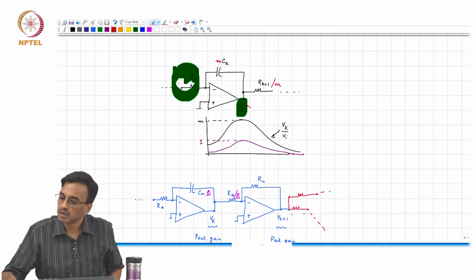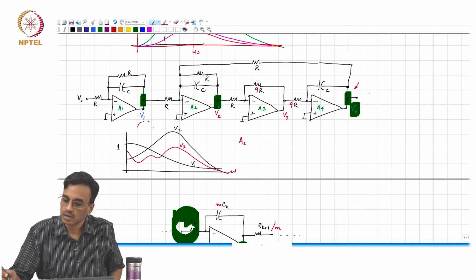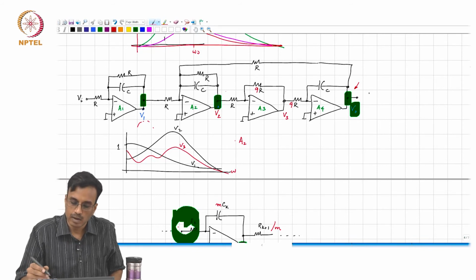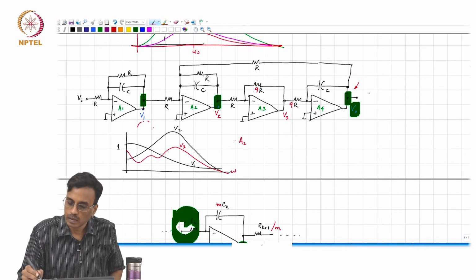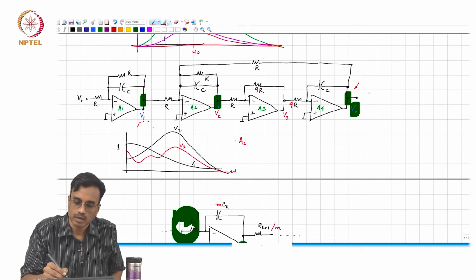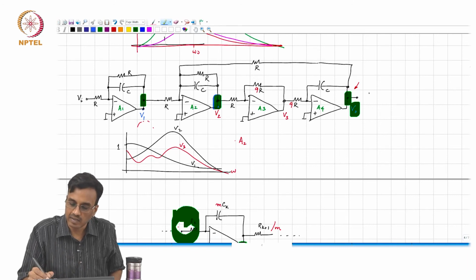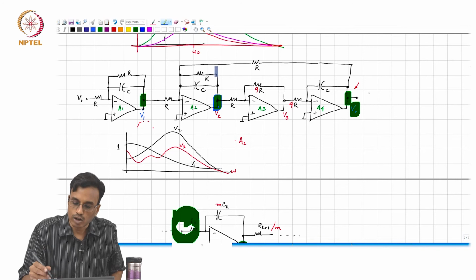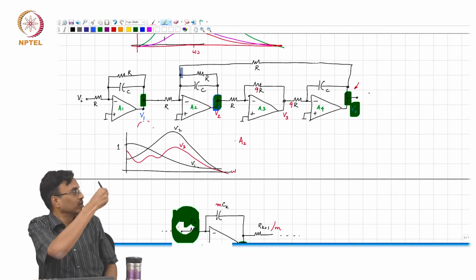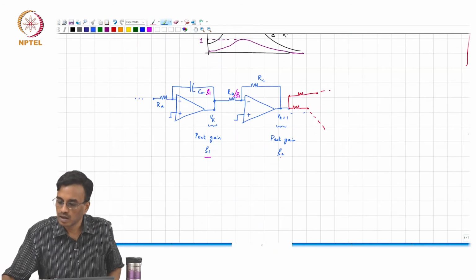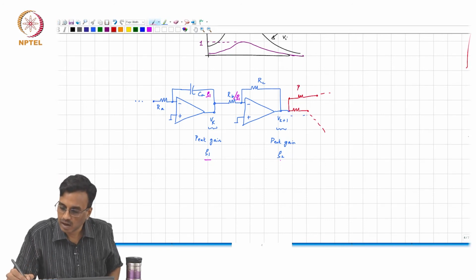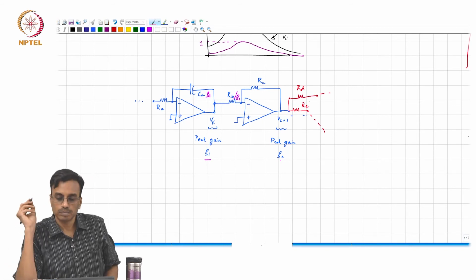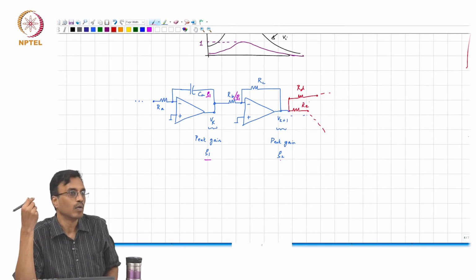For example, look at this guy. We see that its output is driving two resistors. One is, of course, fed back on itself. So if there are multiple resistors connecting at the output of an op amp, let's call them RD and RE, what should I do now? What would I do?